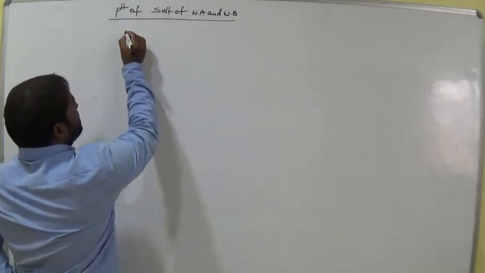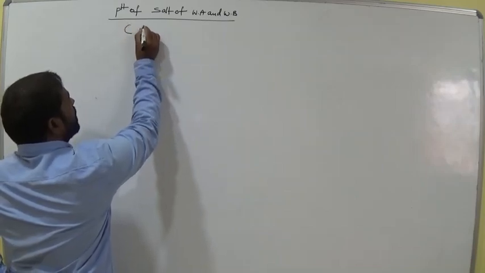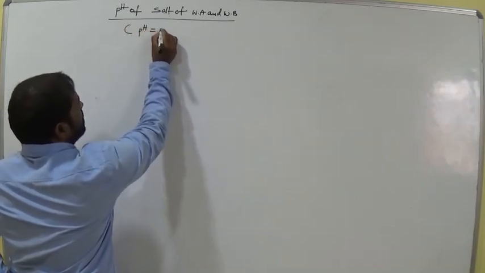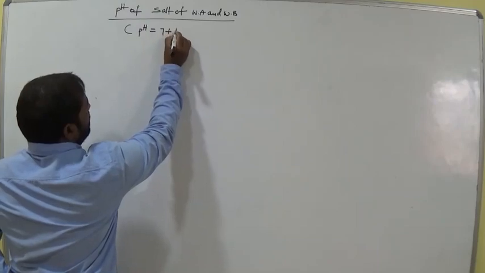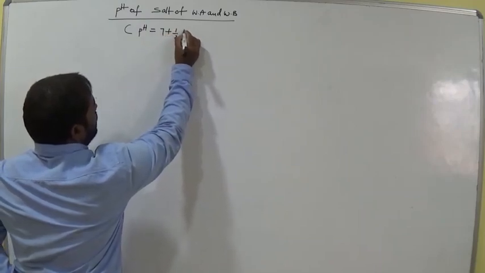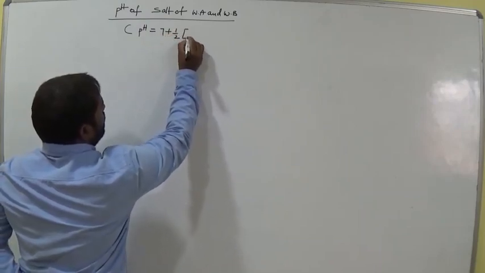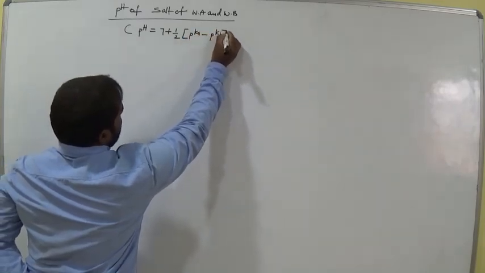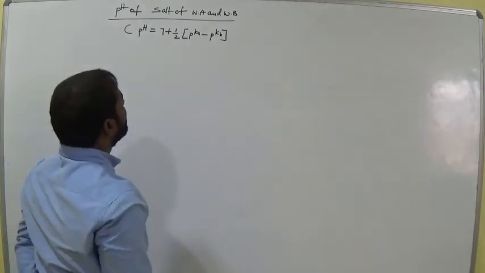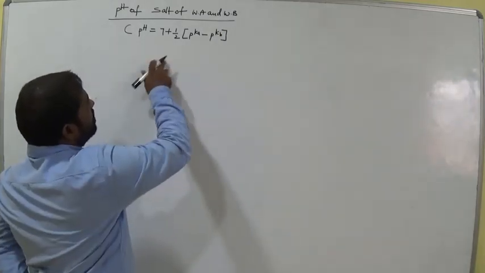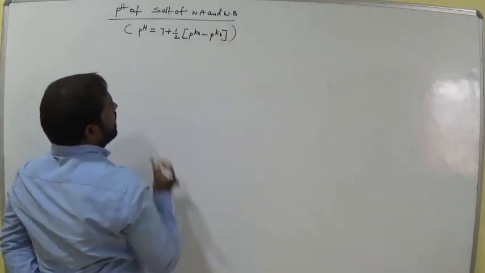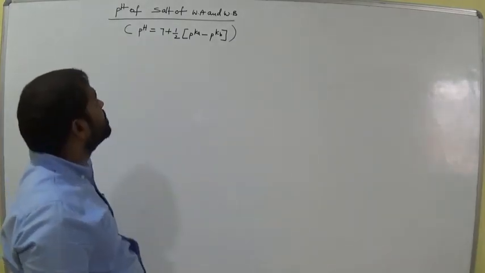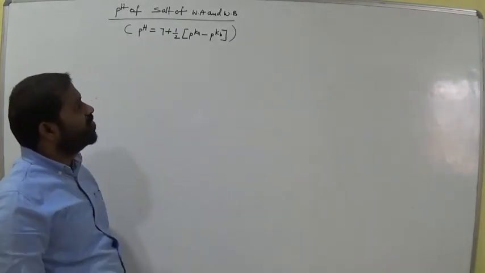So this formula is pH equals 7 plus half of pKa minus pKb. This is the formula. Okay. pH equals 7 plus half of pKa minus pKb. This is the formula for pH of salt of weak acid and weak base.